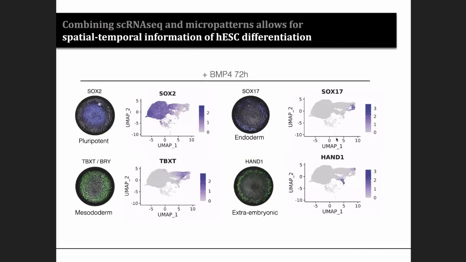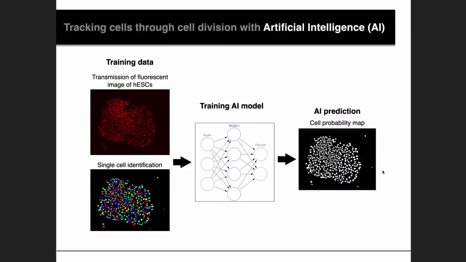We can now combine, of course, our micropatterns and imaging with single-cell RNA-seq data, and have this magic information of where each gene and each protein physically are. So we have a fantastic spatial and temporal resolution of these first decisions in human development.